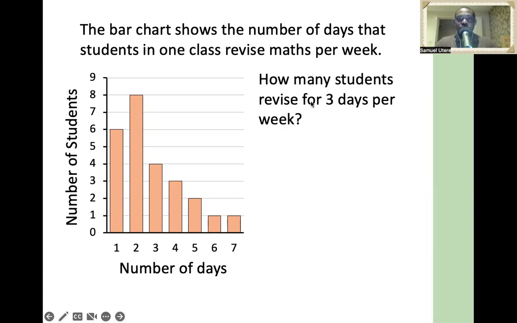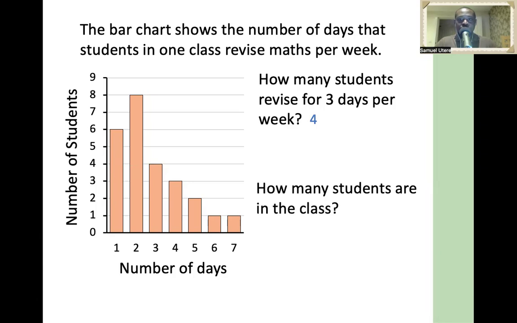How many students revise for 3 days per week? So we go to the bar that represents 3 days per week, and we read to the left of the bar the vertical axis, which represents the number of students, and we can see it is 4. Next one, how many students are in the class? Well, we know that this represents the number of students and they revised for different days of the week.